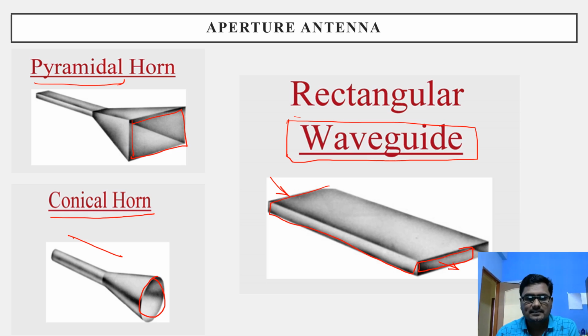Feed the signal to this pyramidal horn somewhere here, and you will get electromagnetic waves coming out from this area, and this is the actual aperture. For the horn antenna, you feed it somewhere here and you will get electromagnetic waves coming out from the mouth of the cone. So those all are types of aperture antenna.